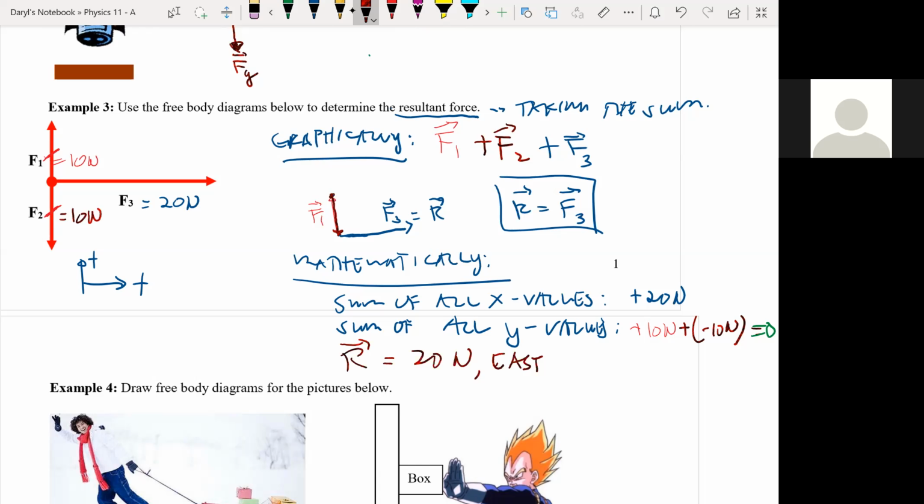In this case, the y value is 0. That's why your resultant is just equivalent to the x value. But in the case where you're creating a vector that has a particular angle lying in both x and y components, meaning non-zero x and non-zero y, that could be different. We use the Pythagorean theorem then. Okay.